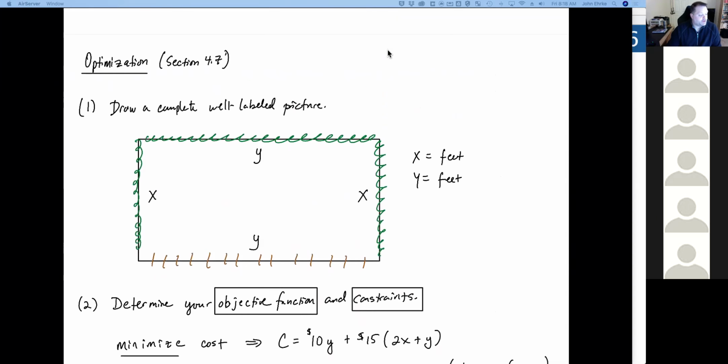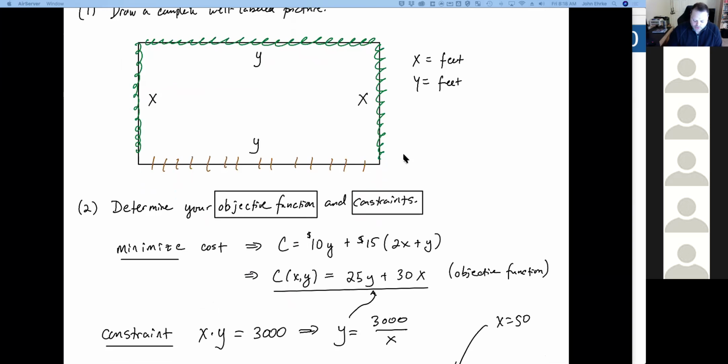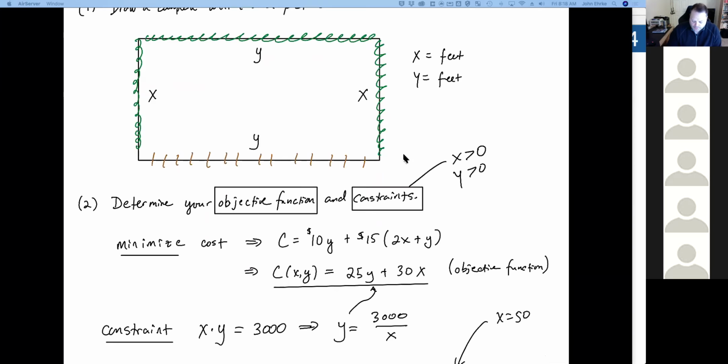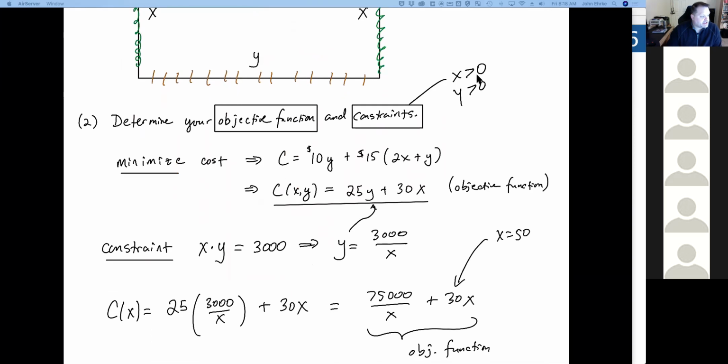That's always one of your constraints, by the way, is things need to make practical sense. Like I can't be talking about negative values for any of these variables. And I also can't let x be 0 or y be 0, because then I simply wouldn't have a rectangle. So one of the constraints here is that x be greater than 0, y be greater than 0. That's a constraint in addition to the constraint for the area.